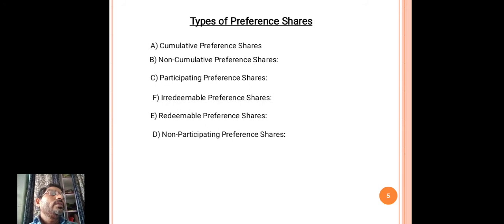But in the case of redeemable preference shares, we have seen in the last class, as per Section 80 of the Indian Companies Act, a public limited company is permitted to issue this kind of preference shares, which can be returned after a specific period.